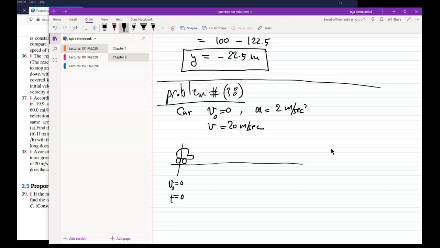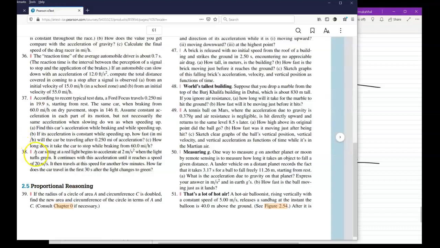And then now the car is moving with acceleration of 2 meters per second squared, and it reaches a speed eventually. Let's say it reaches the speed right here at 20 meters per second, and it continues on for the next 30 seconds, is that right?